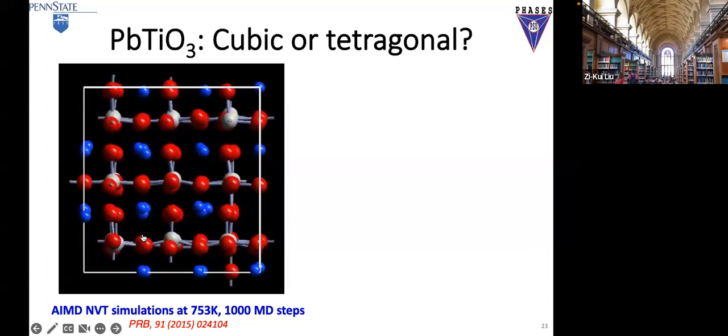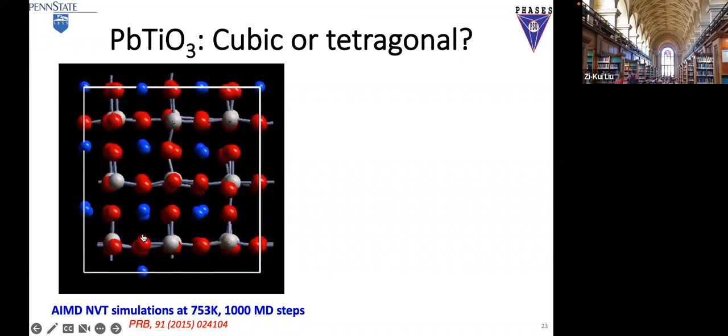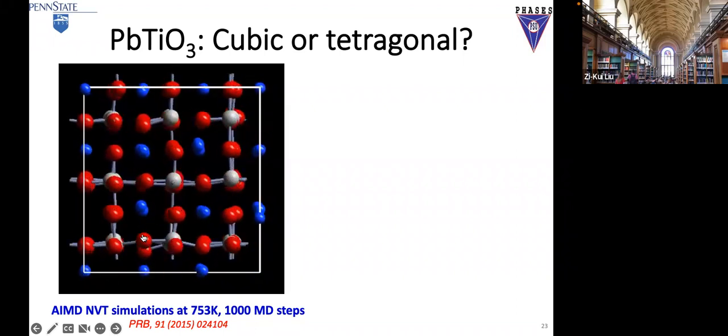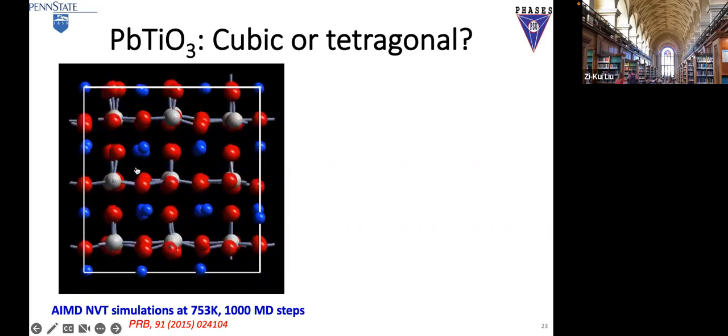You get central symmetry, but it doesn't stay there. It goes over and then goes that way, right? Of course, we know that if this titanium goes up, that titanium goes down, what do I have between the two? They cancel each other overall, that's right. So the macroscopic is 0. But what about locally at the interface?